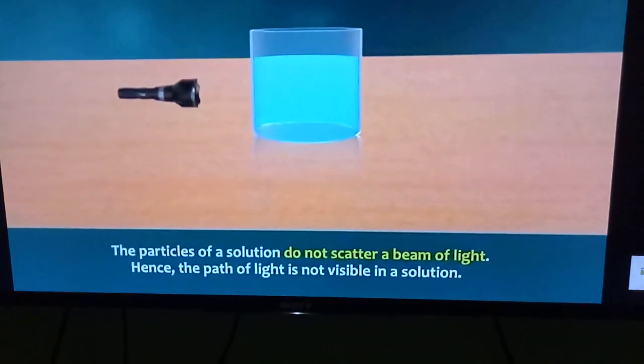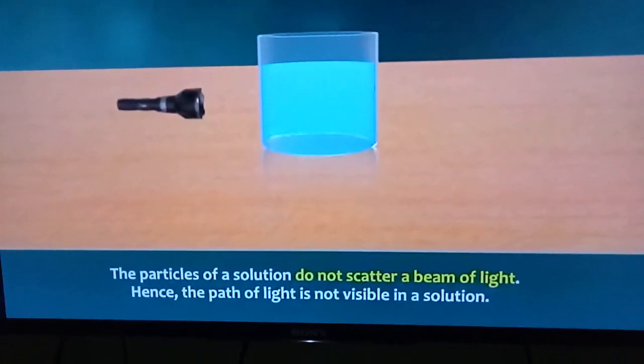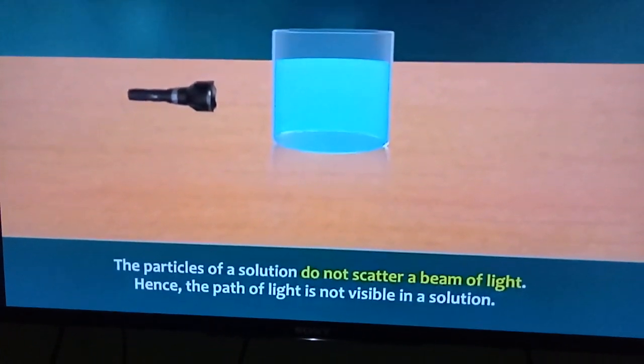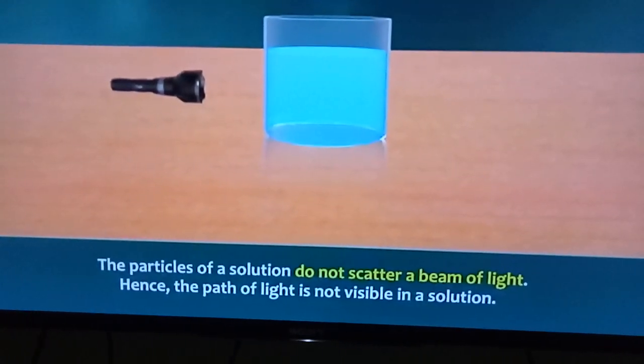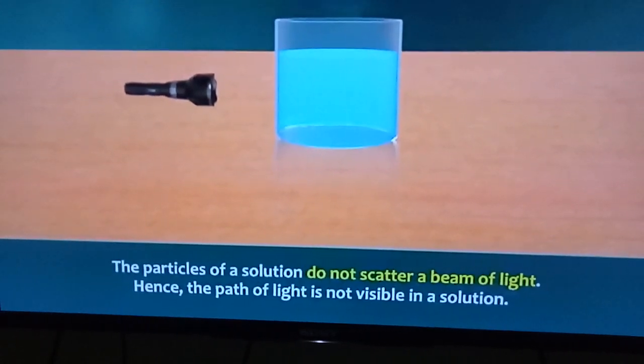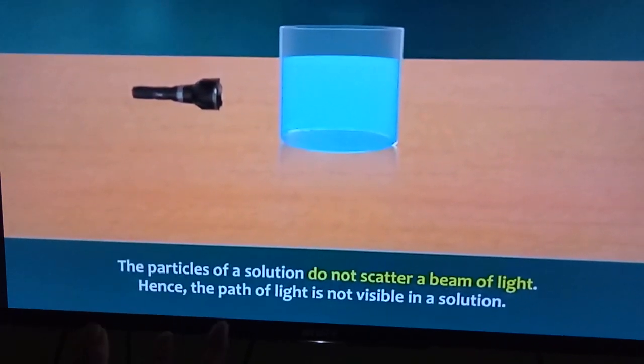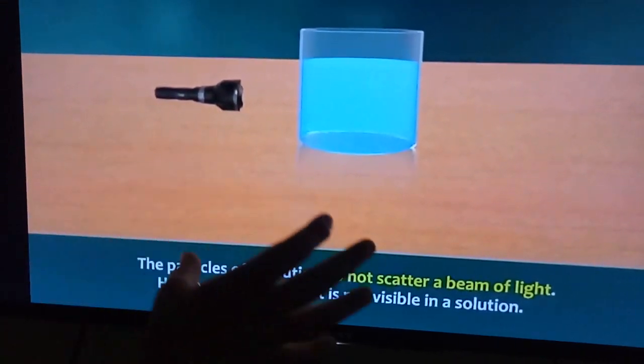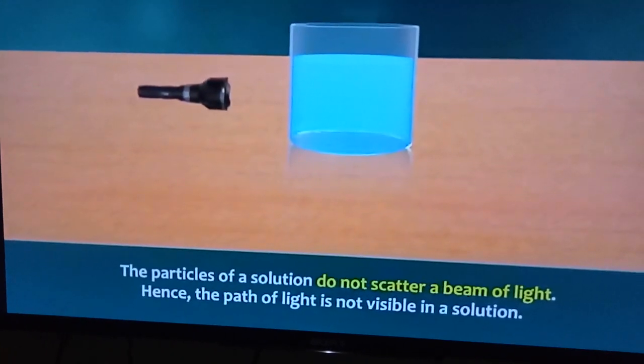Now, the second property states that the particles of a solution do not scatter a beam of light. Hence, the path of light is not visible in a solution. Children, if you take a sugar solution or a salt solution and bring a torch and flash the light, you will see that scattering of light is not possible.